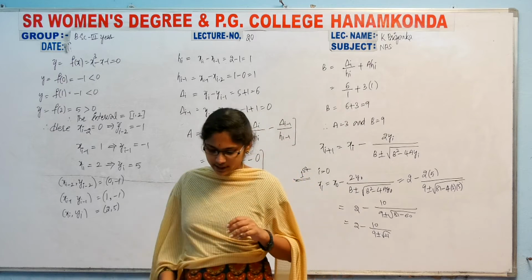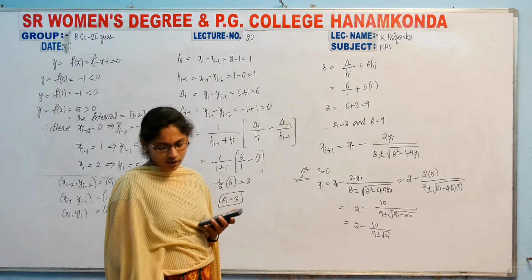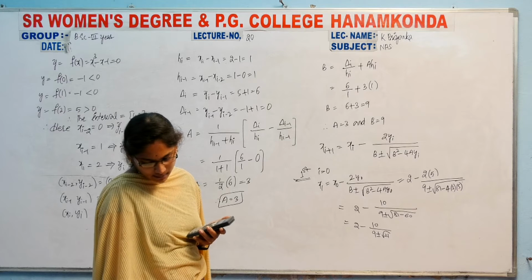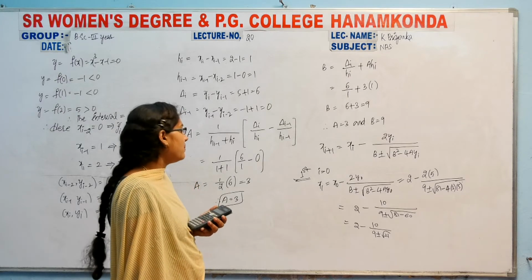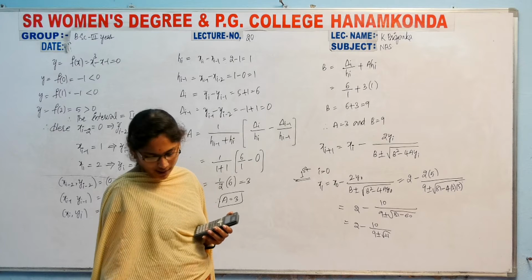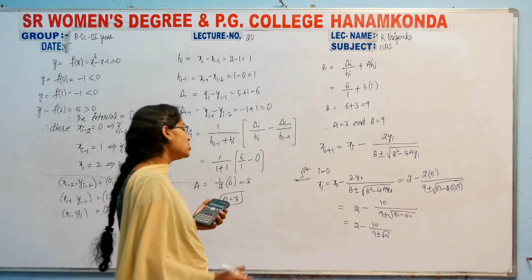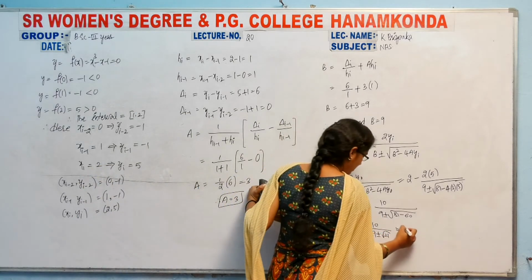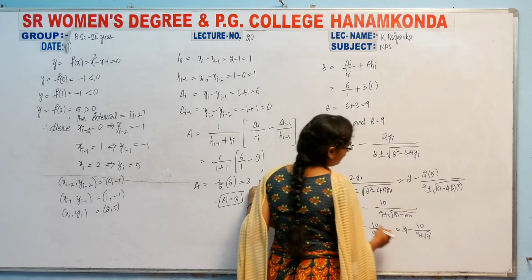Now we have to take the calculator. So now here I have 9 plus or minus root 21. Mostly we will take the value as plus. So now I am taking plus: 2 minus 10 by 9 plus root 21.